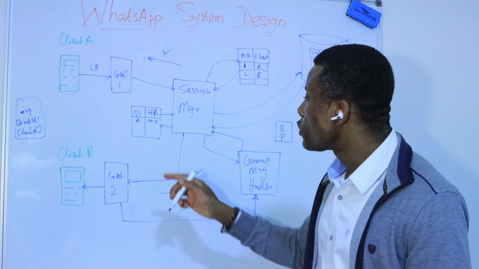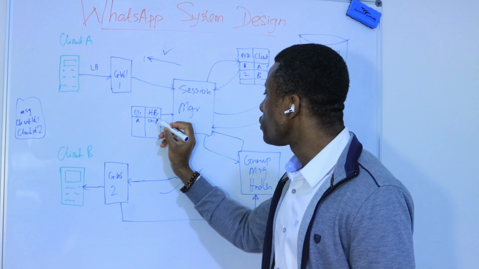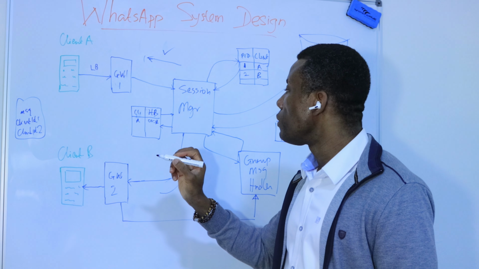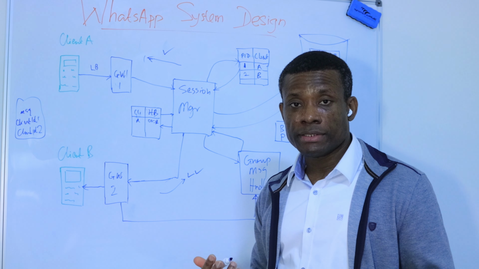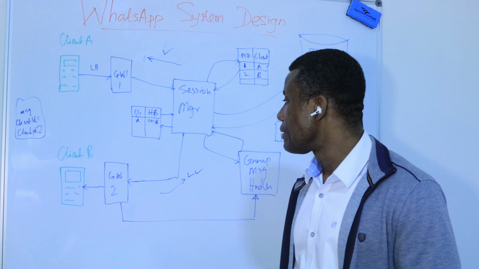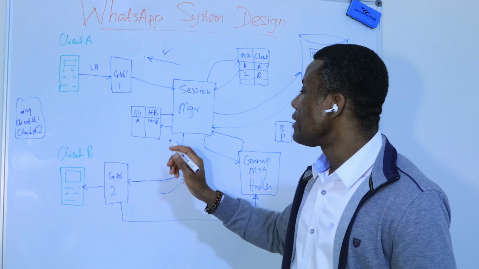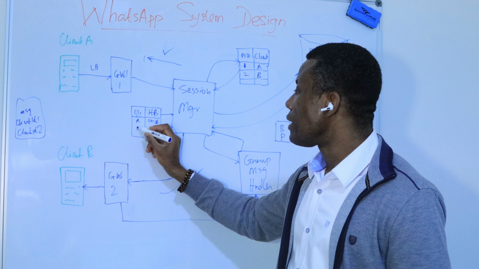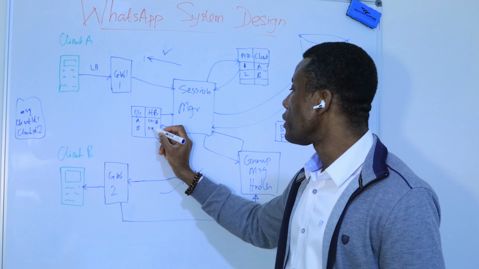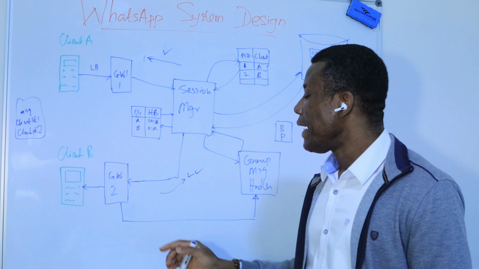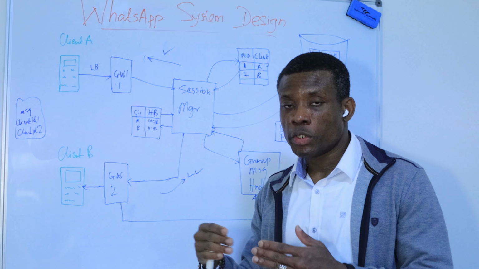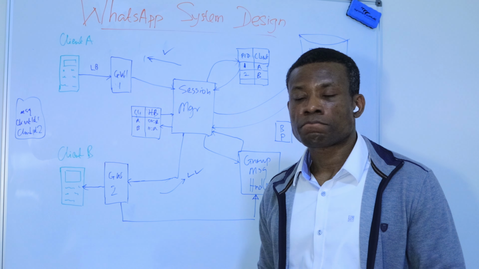Every 3 seconds it's going to update it. Now it goes from 1 to 2, or every 5 seconds, depending on how frequently you have to do it. So it keeps updating it, and periodically it is updated.